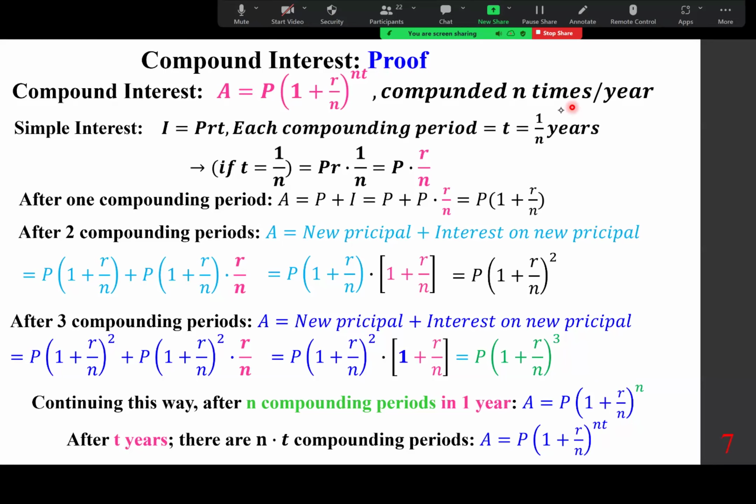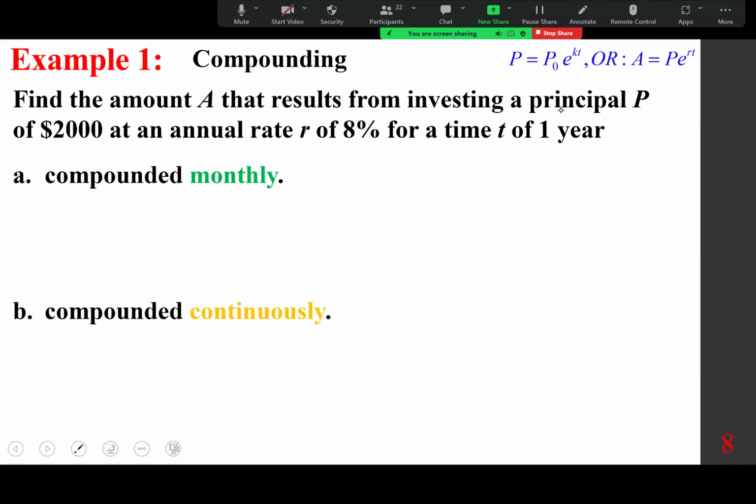All right. Find the amount A that results from investing a principal P of $2,000 at an annual rate of 8% for a time T of 1 year. So what is given?